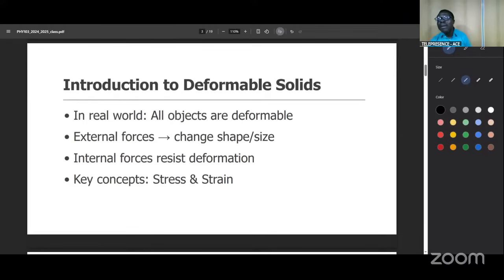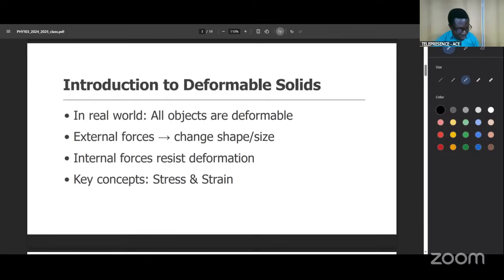When you pull a rubber band, it changes the shape and also the size of the rubber band. The external force can also be in the form of pushing. It can be in the form of contact forces. When these forces act on an object, it at times leads to the deformation of the body.